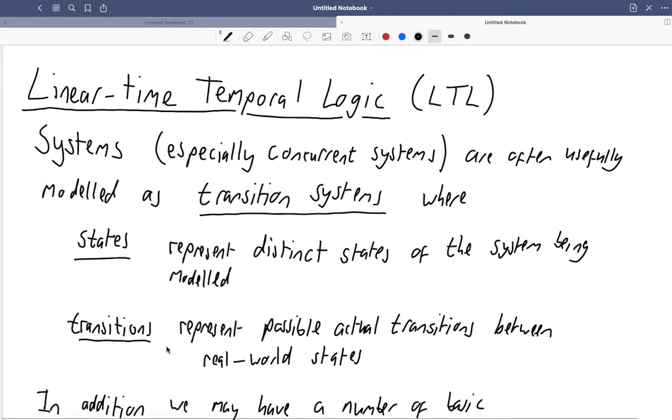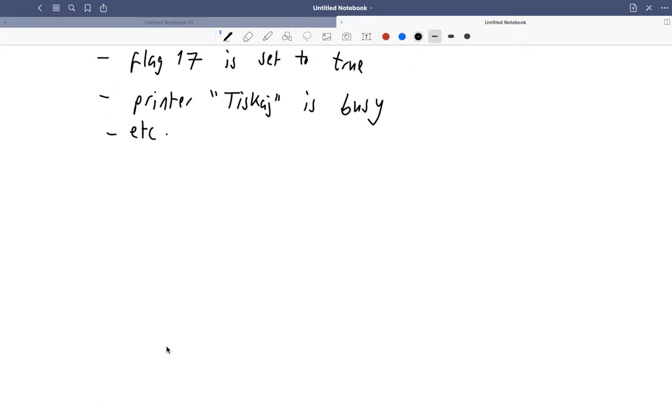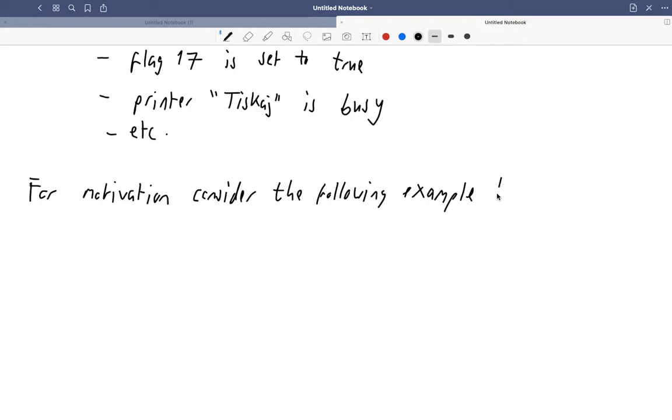So maybe a good thing to start with is an actual example of a transition system that means something. So we consider an example transition system for motivation. I'll just write trans.sys.